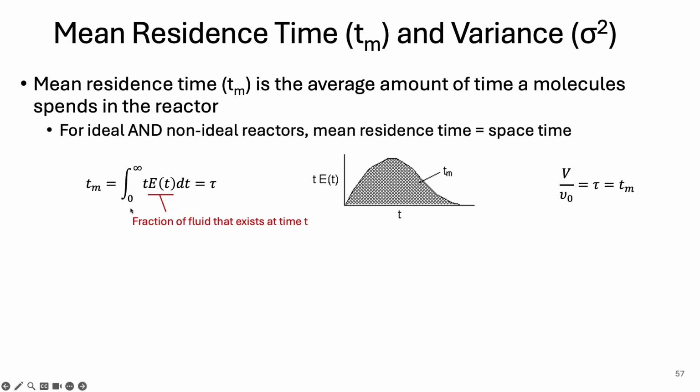So we calculate that by taking the following integral. We take the product of time and our E of t function by dt, and get the total area under that curve, and equate that to tau. Again, that's equal to the mean residence time.